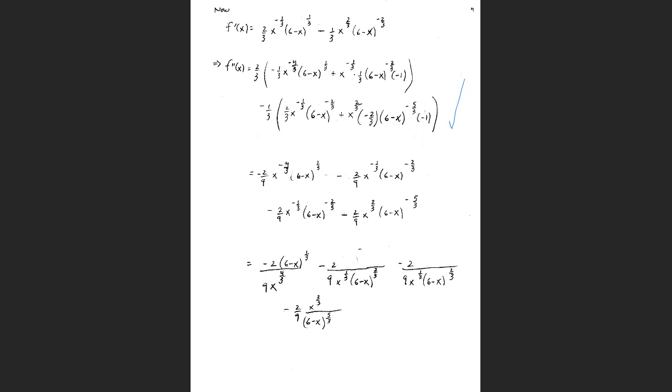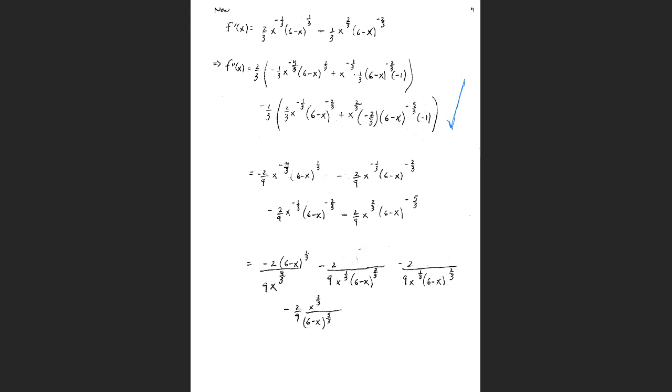Okay, so after I get the second derivative, it looks like a mess, right? This looks like a mess. Well, we've got to write this second derivative in a nicer way so that we can study it.